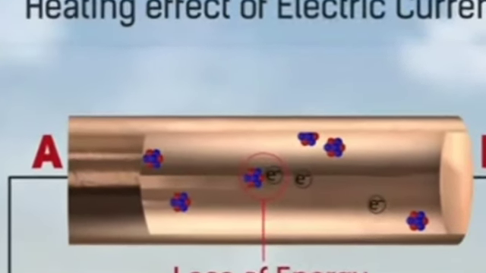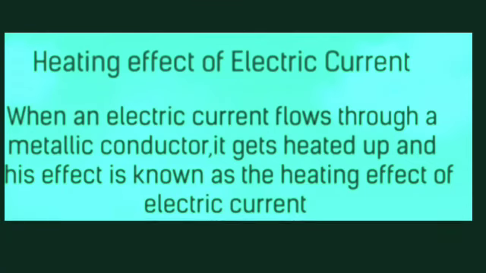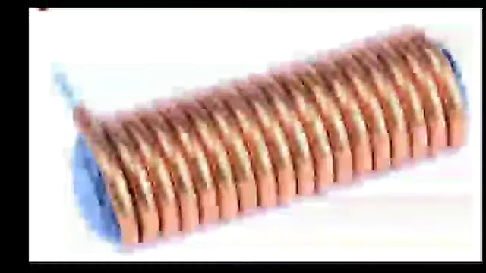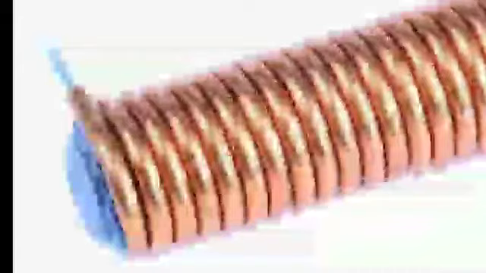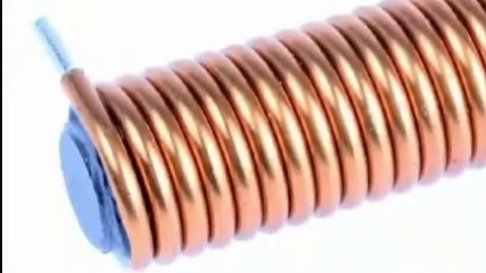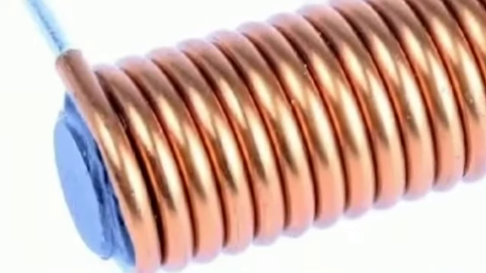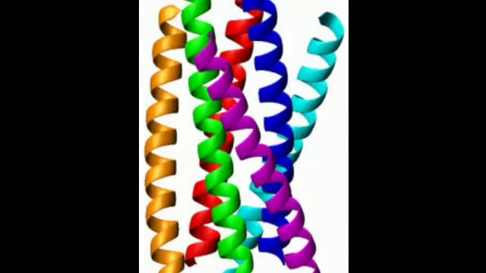Heating effect of electric current. When an electric current flows through a metallic conductor, it gets heated up, and this effect is known as the heating effect of electric current. Equipment such as water boiler, electric cooker, and electric bulb make use of the heating effect of electric current. Electrical conductors having higher resistivity are used here.